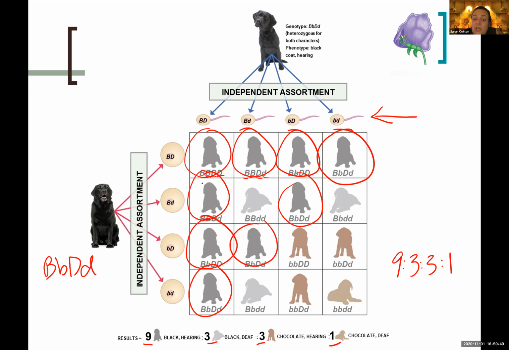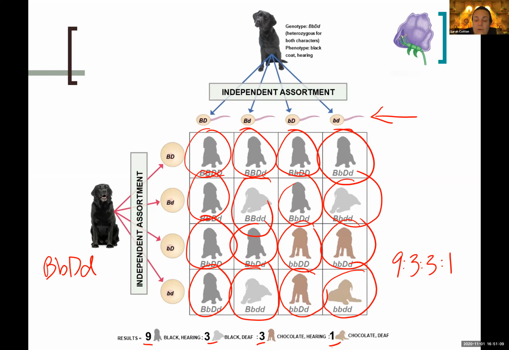Okay, then there's 3 dogs that have a black coat, but they're deaf. Black and deaf. 3 that are chocolate, but they hear. Right? And 1 that is recessive for both.